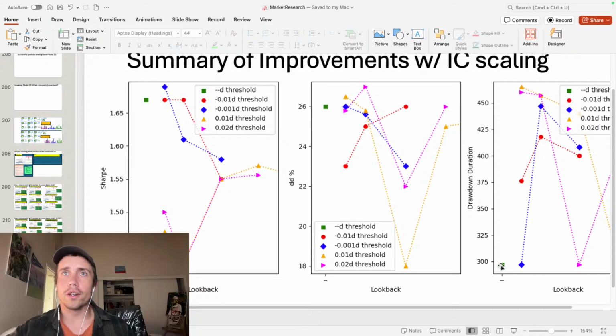And the drawdown duration I wasn't able to improve on. The magnitude of the drawdown I was able to improve on, sort of. Yeah, there's kind of a trend here. Oh, this is positive, so 0.02 is in the middle, 0.01's highest.